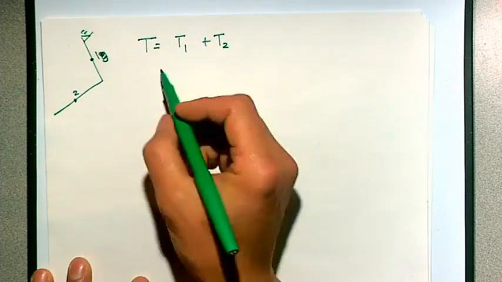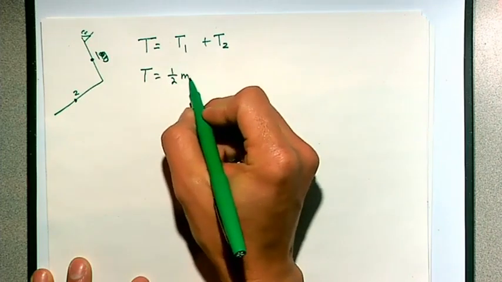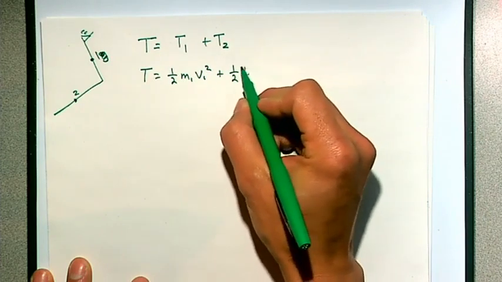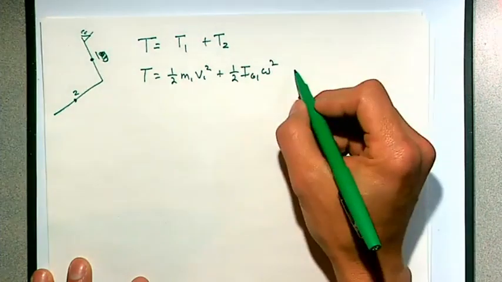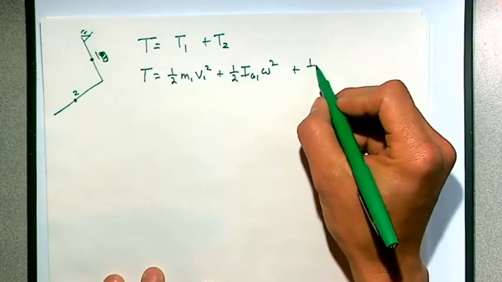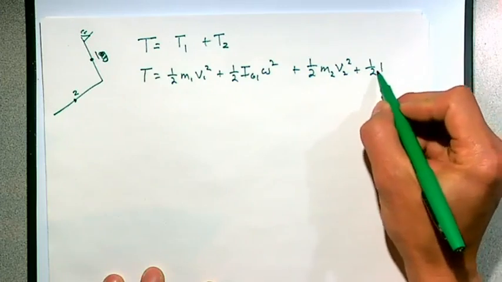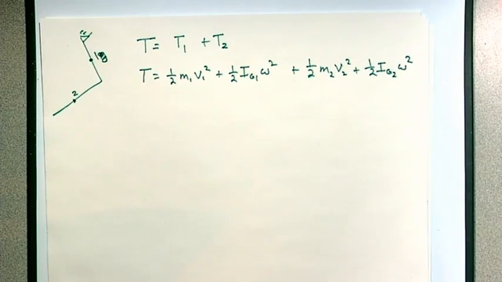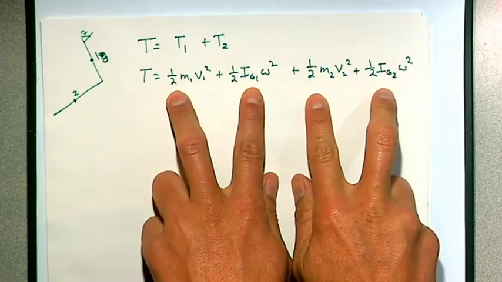I don't really love that notation, but so bar 1, half m1 v1 squared plus half I of G1 omega squared, plus the same thing for bar 2. Half m2 v2 squared plus half I G2 omega squared. So instead of thinking about these guys as being pinned about O and simplifying this as one rigid body, we can just take that energy from both of these and add it along.